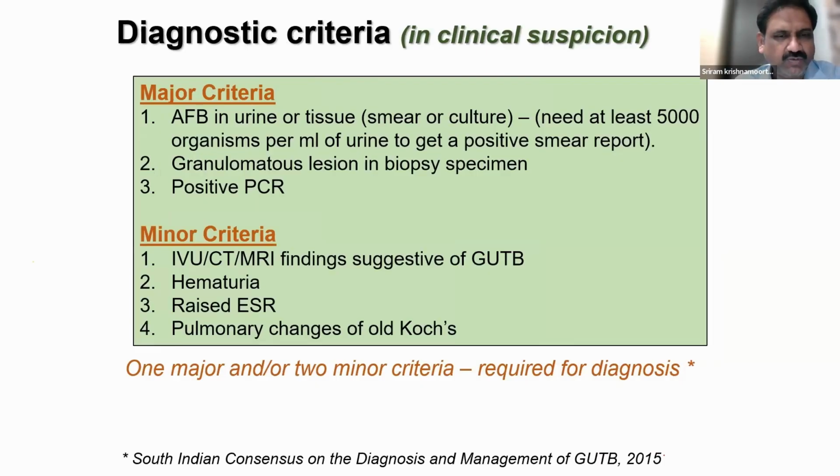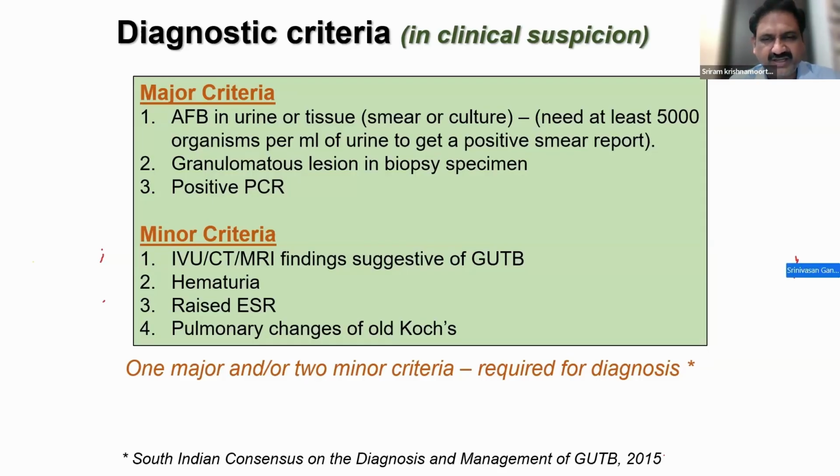All of you should know what the South Indian consensus conference is all about, what sort of consensus they arrived at, and what is best suited for the Indian scenario. Most of the documentation has come from the Western world, which is not applicable to an Indian scenario.